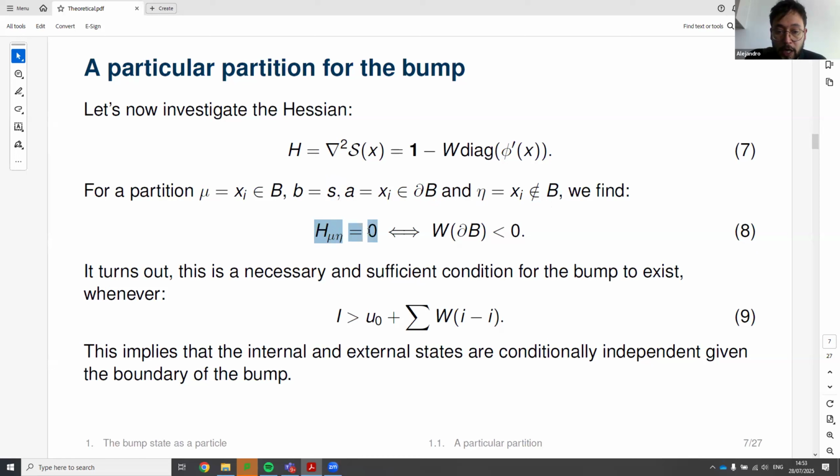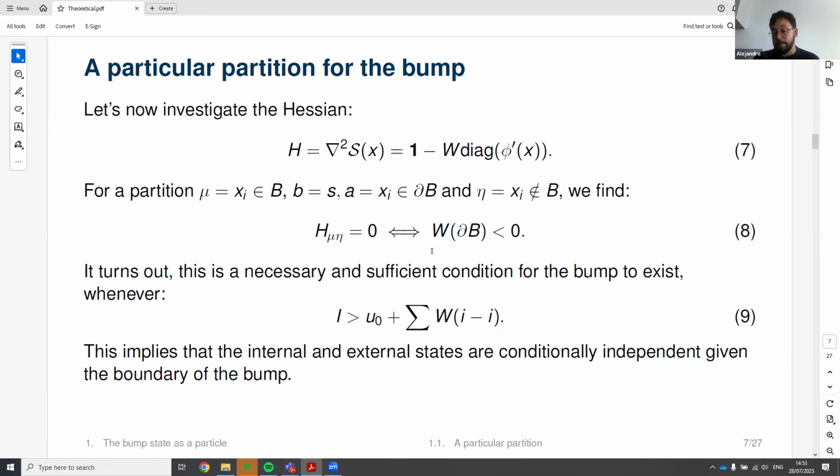So the condition for conditional independence, given the Markov blanket, is that the Hessian terms that correspond to the internal and external states should be zero. And this is true in this case when the weights of the kernel are zero at the boundary.